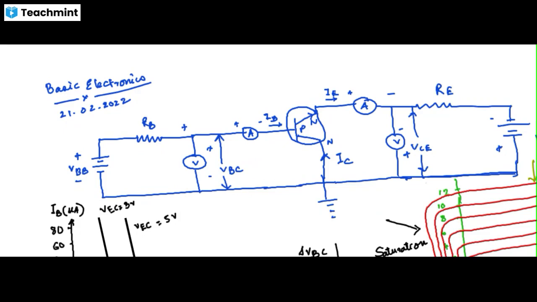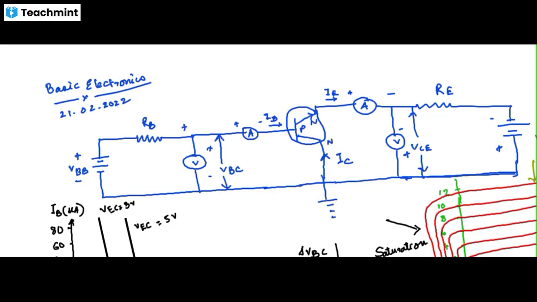So we have done the input and output characteristics of three transistor operations, that is our common collector, common base, common emitter. So three configurations are there. So we have studied the input and the output characteristics of the common base, common emitter, and common collector configurations.